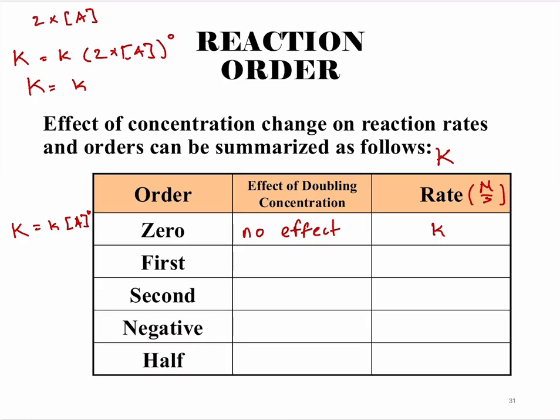So why don't you guys take a second, see if you can figure it out for first. So first was the power 1. I'll just write the concentrations here. Second, we did already, but you guys can do it again if you want to reinforce it. Negative is going to be -1, and then half. Like I said, we don't really see that at all, but it's just good practice. Half is to the power 1/2. Power 1/2 is the same thing as doing what?